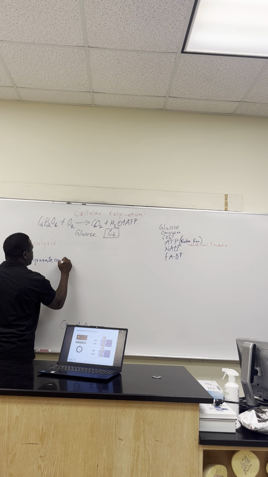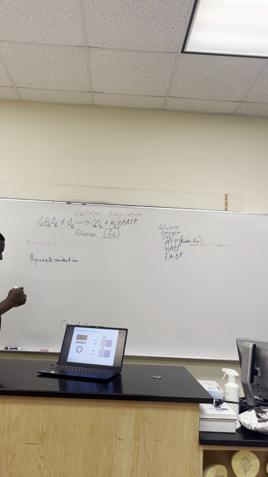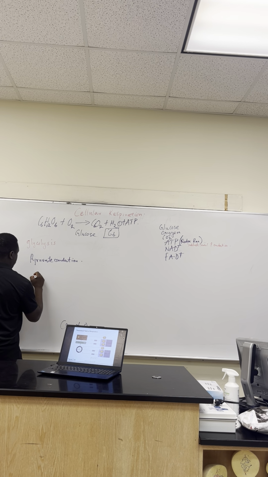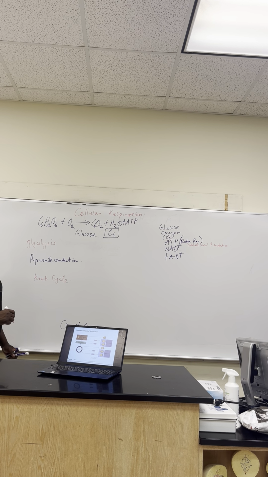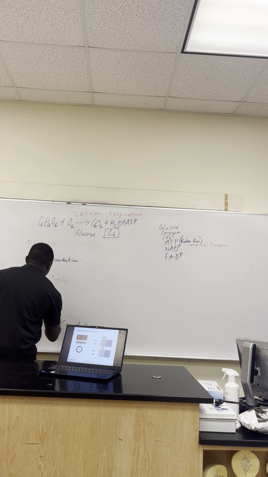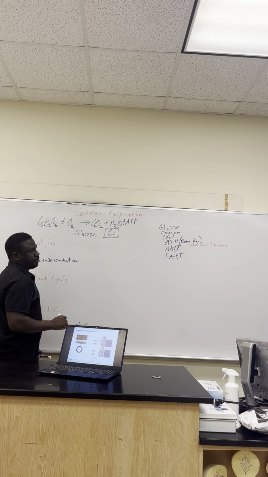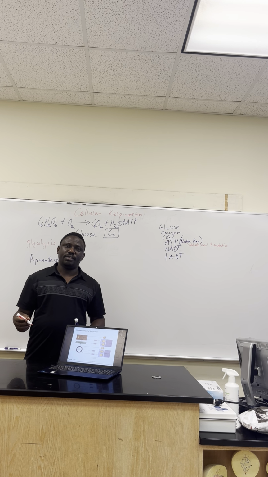Now, after pyruvate oxidation is your Krebs cycle. And then the final step is called the electron transport chain, the ETC. So, the first step, glycolysis, like I said, is that primitive step.